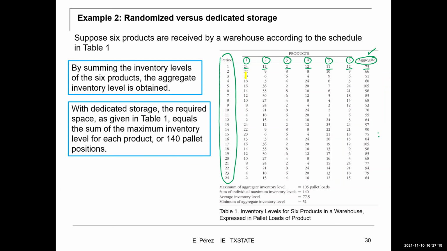I'm going to go through the column for product 1, and I believe the maximum is 24. Then I go to the second column, and the maximum for the second product, I believe, is 36. For the next product, the maximum is 8.